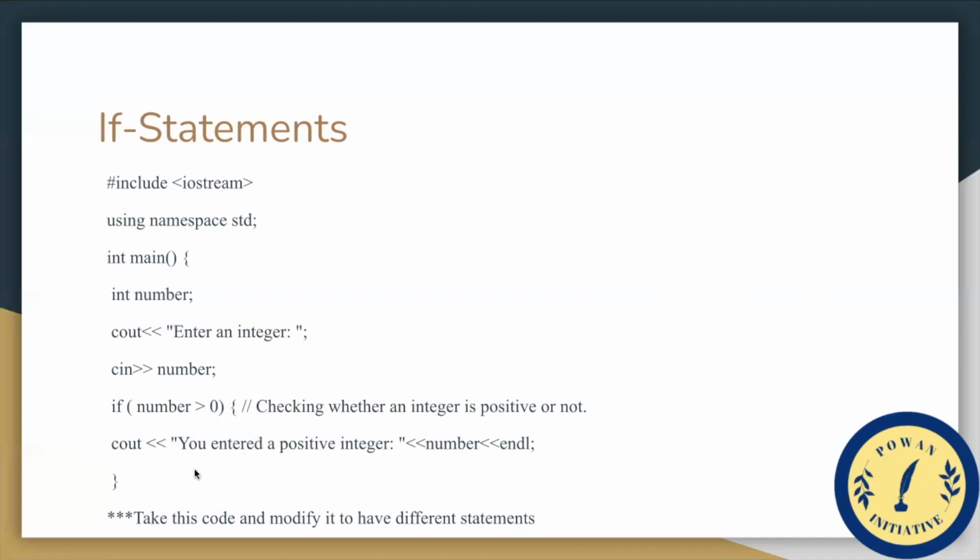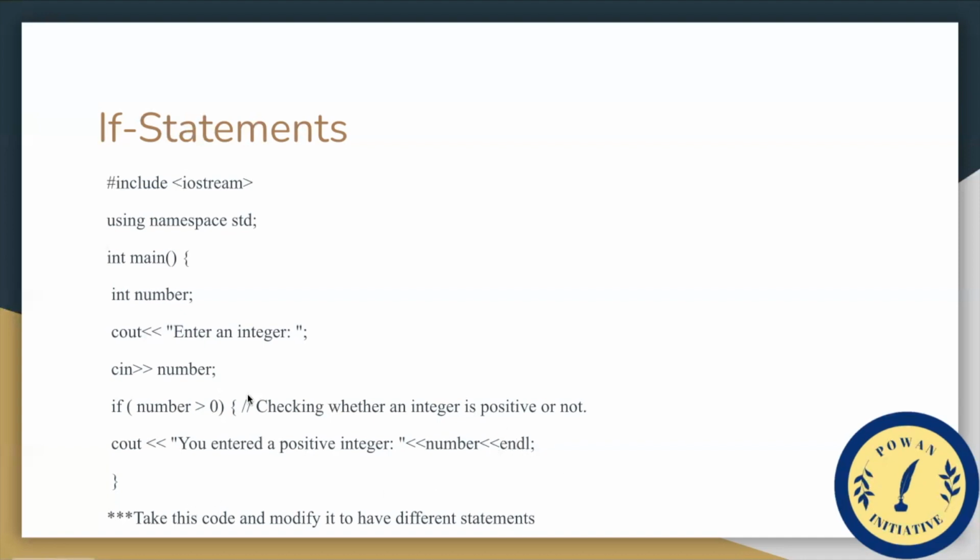Well, it is positive. This if statement basically checked whether it's positive or not. It did that, so that's why it prints out you entered a positive number with the number there. And then you have endl, which is like a new line, so the next output has to be on a different line.